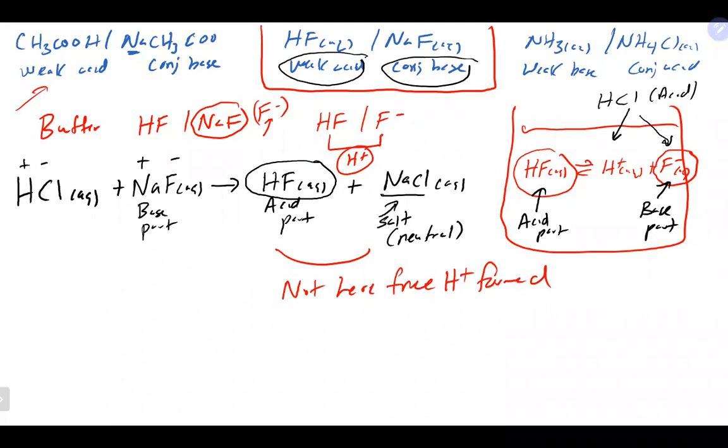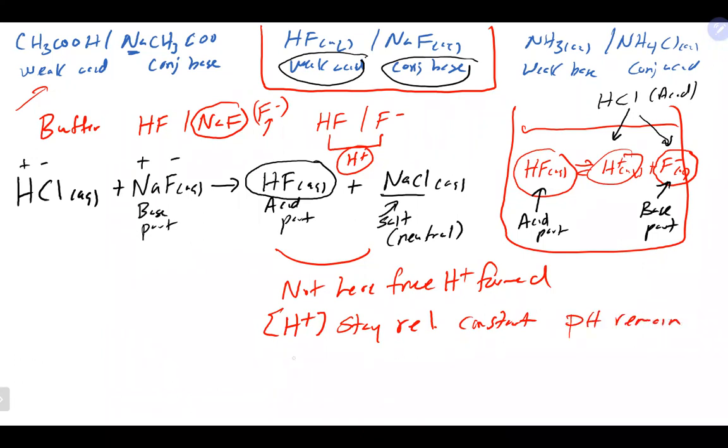And what that means is because we didn't produce any more free H plus, the concentration of H plus that it started with, which is right here, stays relatively constant. And because the H plus concentration really didn't increase or decrease by a lot, the pH will remain relatively constant as well.